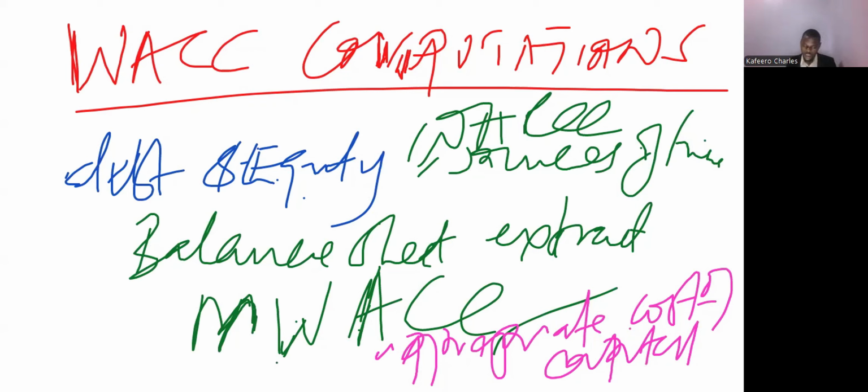So the appropriate cost of capital, once a company is geared, is what we call WACC. If the company has both debt and equity, the appropriate one is WACC, that is the weighted average cost of capital.